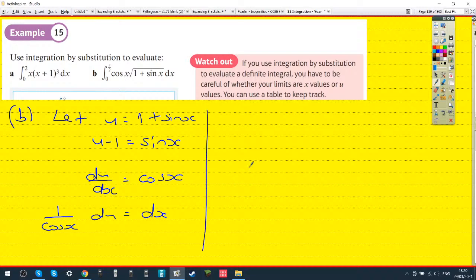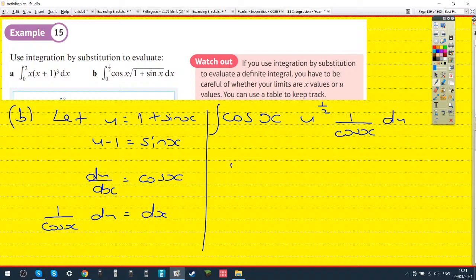Seems very similar. And now, so we have the same equation, but this time if we do cos x times u to the half times 1 over cos x, we've got cos x over cos x, which is just 1, so will I just have u to the half here?